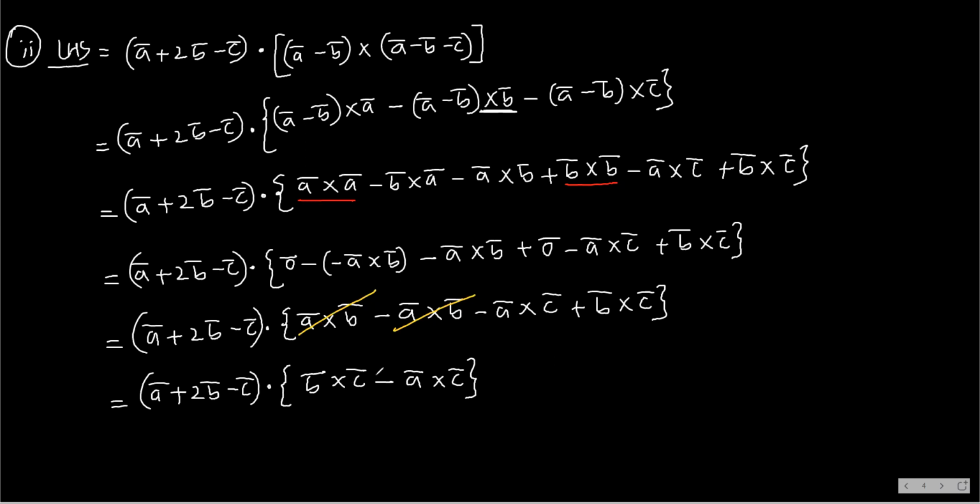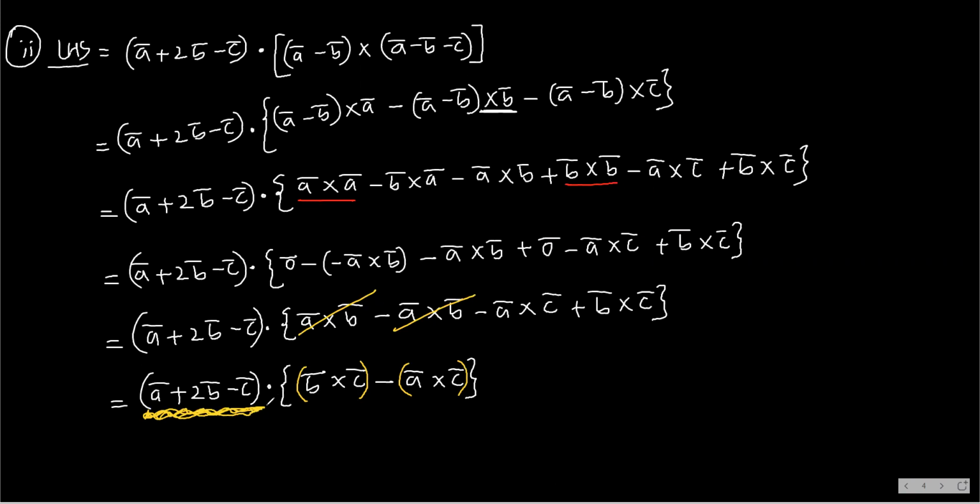Now what is next step? See, you have a vector here. Vector cross vector. b bar cross c bar is a vector. a bar cross c bar is also a vector. So you have a vector minus vector, and outside you have vector. So it is the dot product of this vector inside the bracket with this and this.